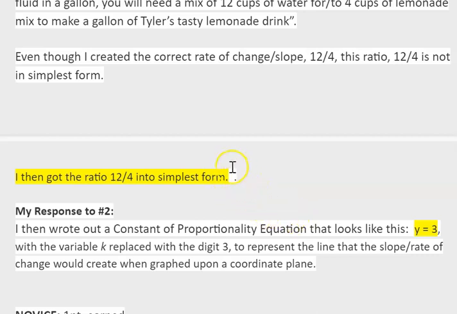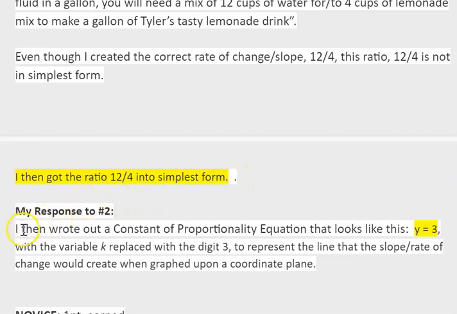And they're going to be like, duh, Mr., I divided. And I'm going to be like, why didn't you write that? And that's the moment they're like, oh, yeah. And so you can notice here, this person says, I then got the ratio into simplest form. Great. Well, how did you do that? Going back to the idea that if I say how, when, why or something, they're probably going to get dinged. Well, how did you do that? Bing. So let's go over here.